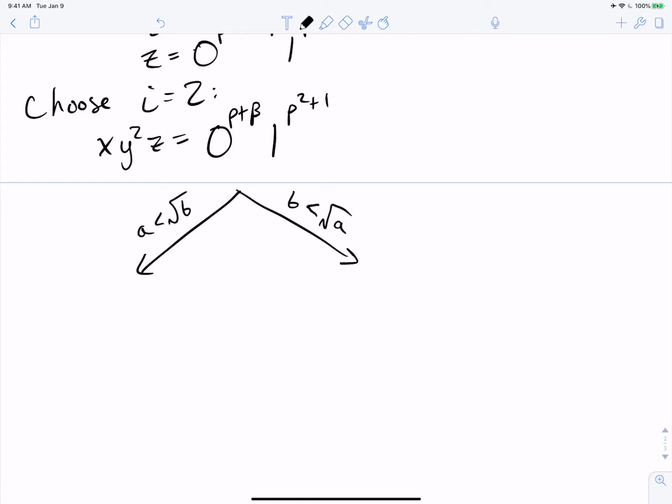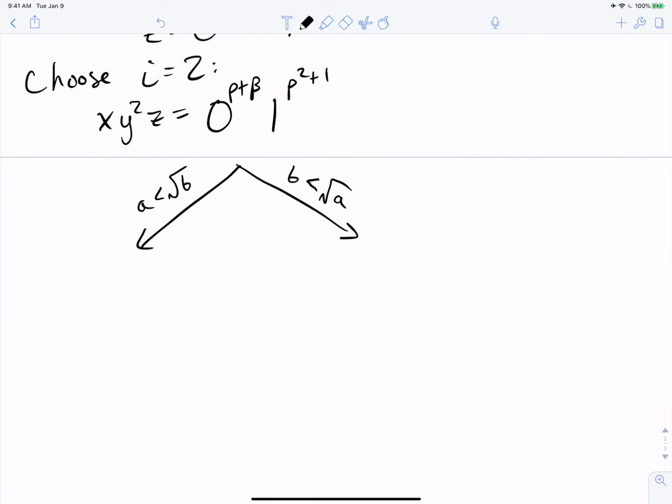Okay, so let's check the left path that says a is less than the square root of b. What does the a here represent? The number of zeros. So the number of zeros we've got is p plus beta, and we're asking if that is strictly less than the square root of p squared plus 1.